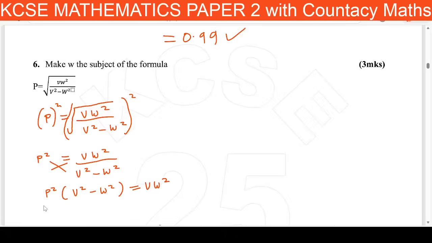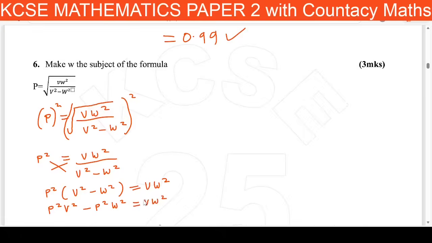Amazing. Let's go ahead and open up the brackets. We have p squared multiplied by v squared, then minus p squared w squared is equal to vw squared, like that.